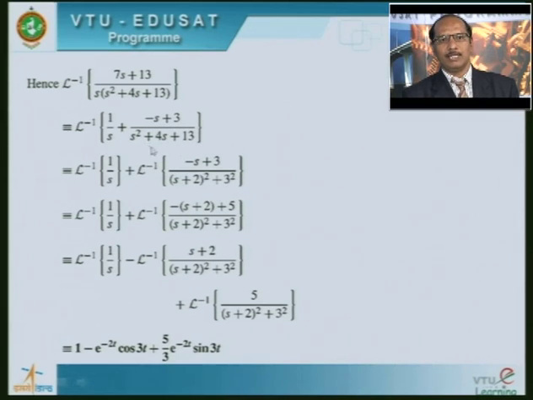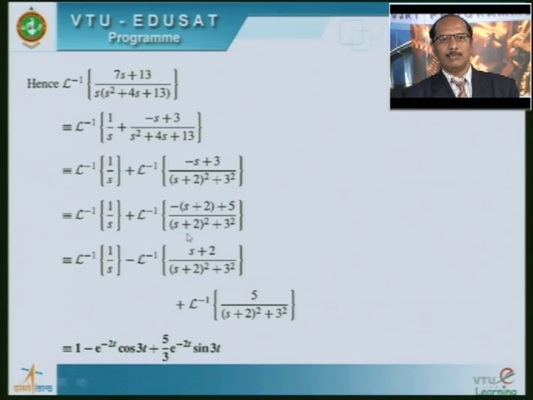So, how is it written? s square plus 4s plus 13 using the completing square method: (s plus 2) whole square, here the k value is 4 as per the formula, k by 2 means (s plus 2) whole square plus k square by 4, k equal to 4, that is 4. So, then 13 is written as 4 plus 3 square. If you simplify, s square plus 4s plus 4 plus 9, the addition 4 plus 9 is 13. So, this is simplified by the completing square method.